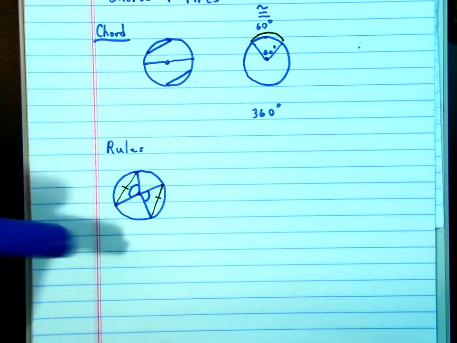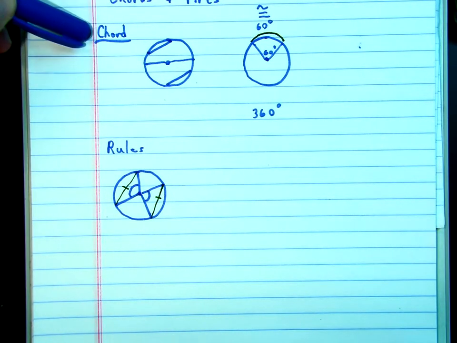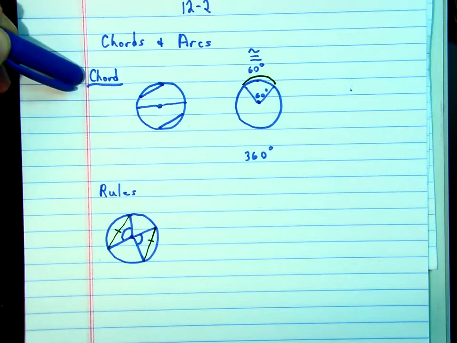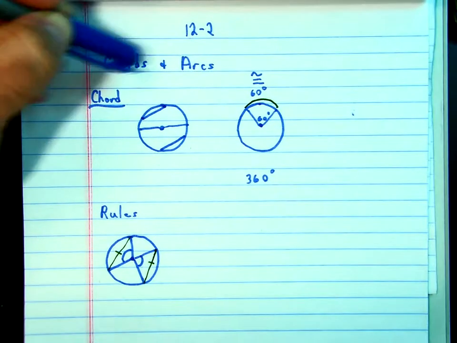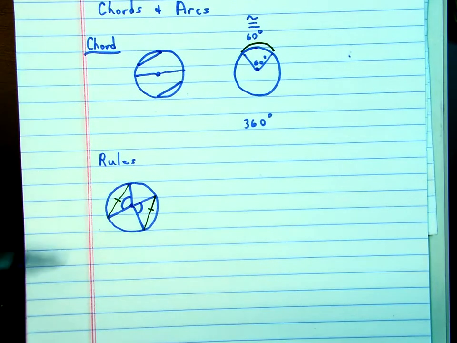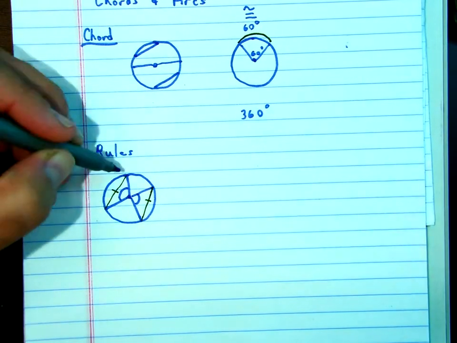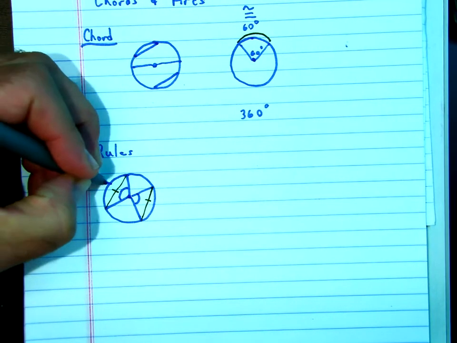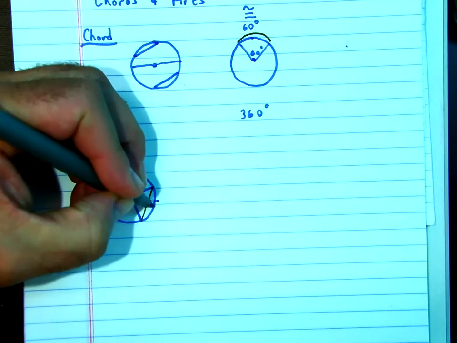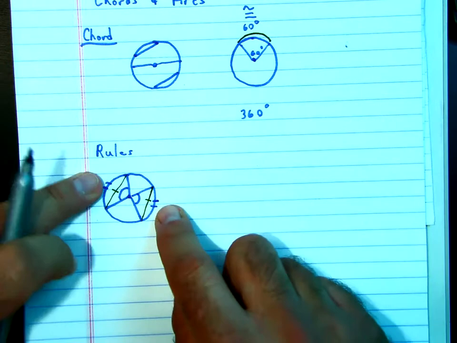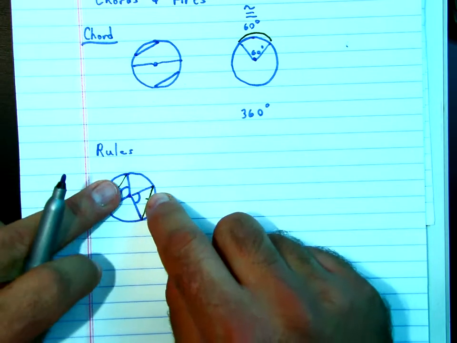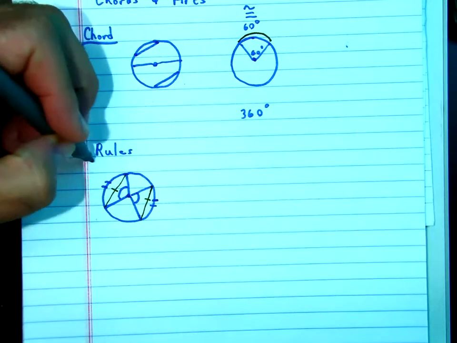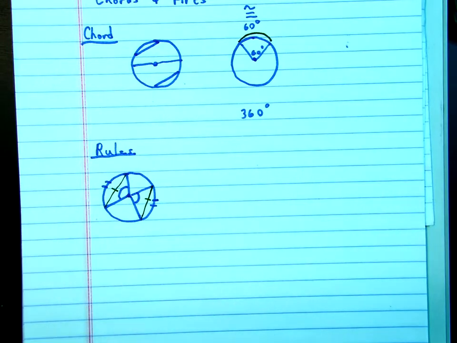It also goes to the chords then. Okay? So that means, or excuse me, the arcs, because we're talking about chords and arcs. So that means if the central angle is the same, or the chords are the same, then the arcs are the same. If the arcs are the same, then the chords are the same. If the chords are the same, then the central angle is the same. All these things are congruent to each other if one pair is congruent to each other.